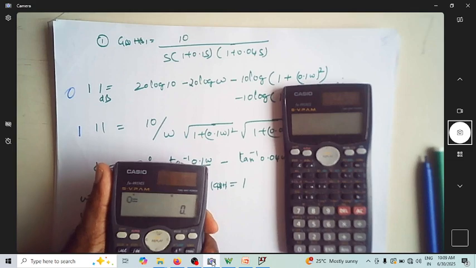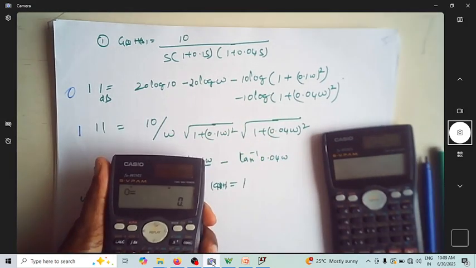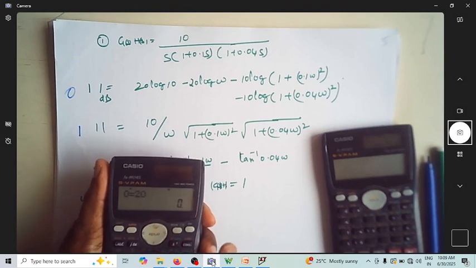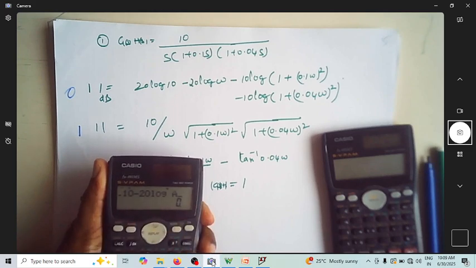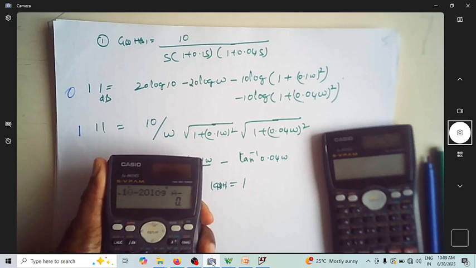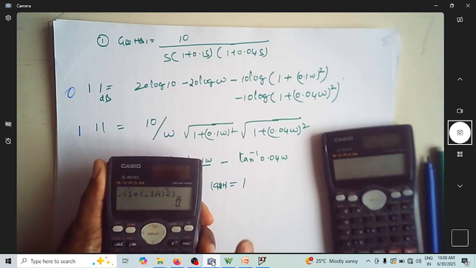So it is 20 log 10 minus 20 log alpha a minus 10 log, open the parenthesis, 1 plus, open the parenthesis, 0.1 alpha a, close the parenthesis, square, close.